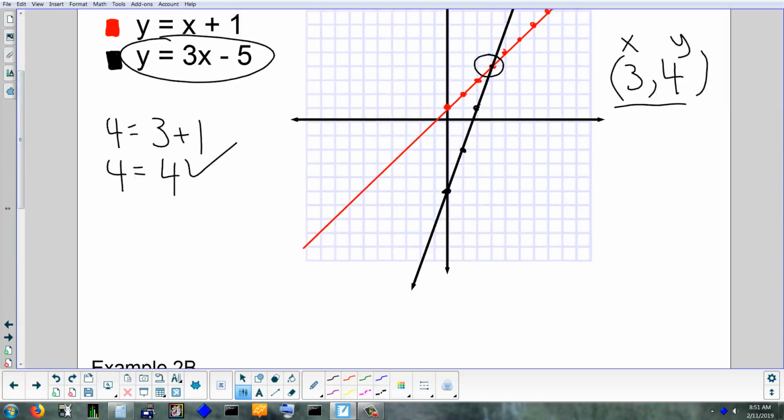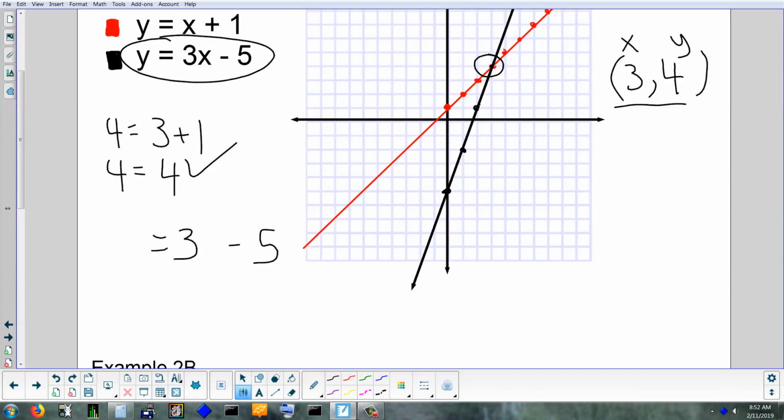Here's my coordinate. Where I see these letters, I want to put these numbers. Everything else stays the same. So I can still put my equal sign. I can still put a 3. I can still put a minus. I can still put a 5. Those things stay the same. Those don't change. The only thing that's changing is where the letters are.